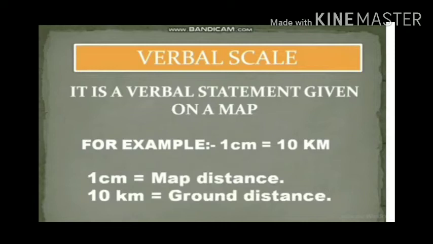That means it is a verbal statement given on a map, just a simple statement that this many centimeters equals, for example, 1 centimeter is equal to 10 kilometer. Here 1 centimeter is map distance and 10 kilometer is ground distance. Now you know what is map distance and ground distance. I have explained it to you before.